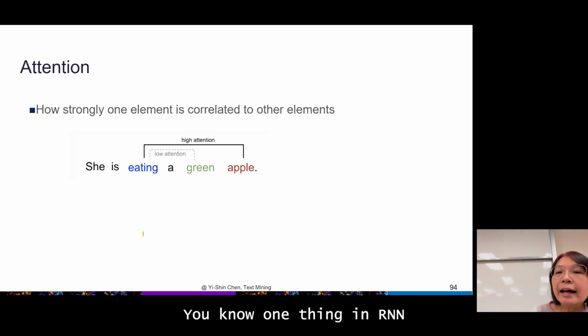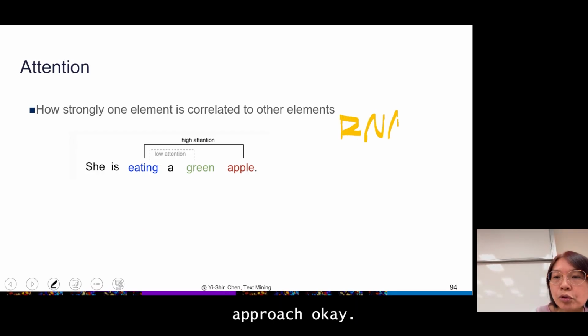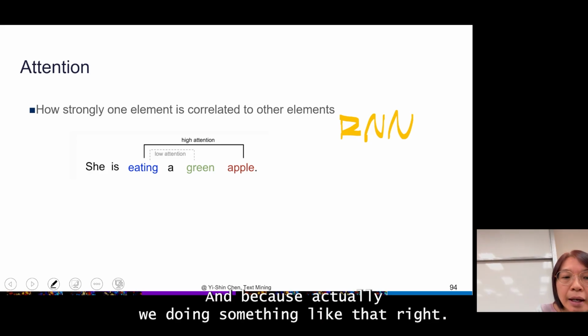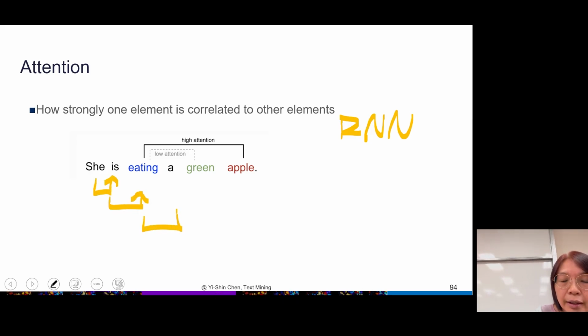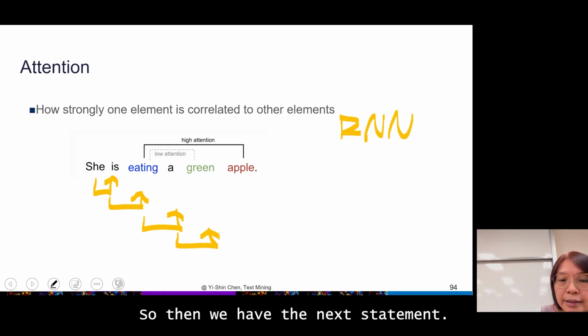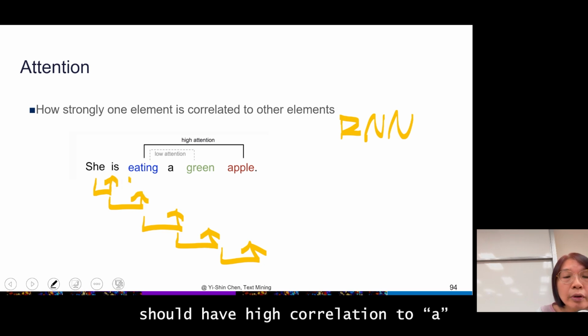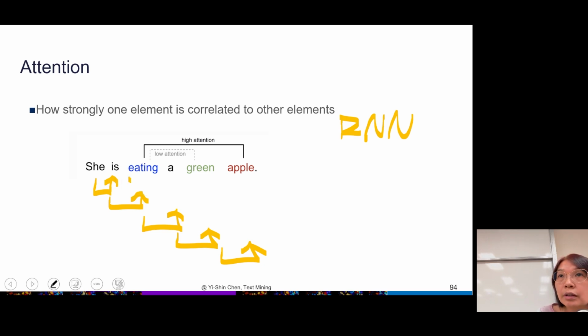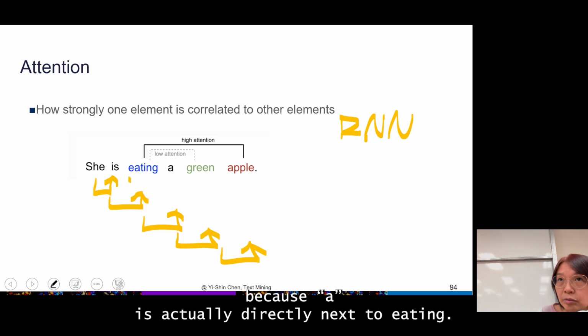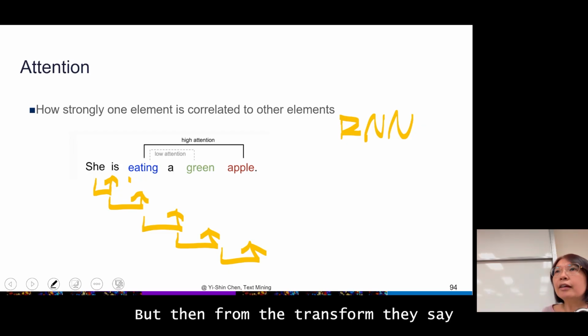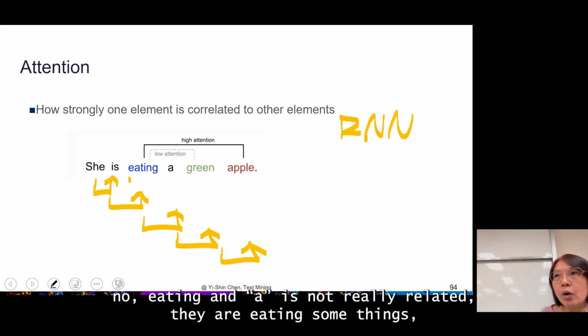From this example, you can learn something about the RNN approach. In the RNN approach, eating should have high correlation to the word directly next to it. But the transformer says no, eating is not really related to that.